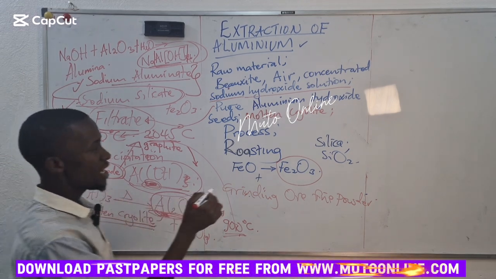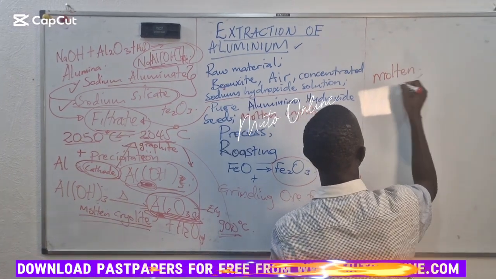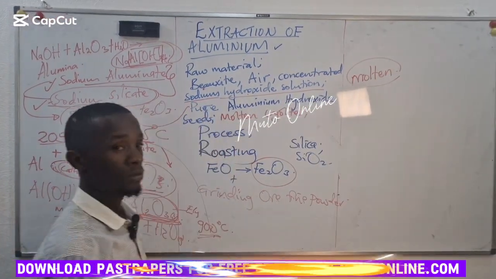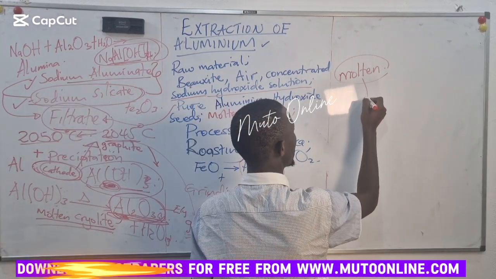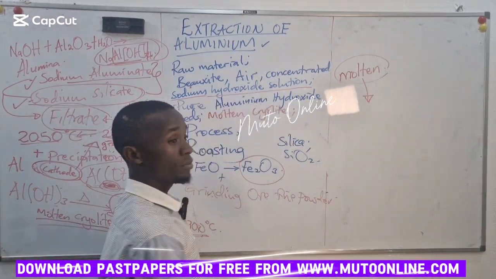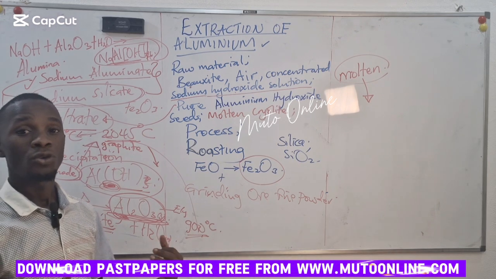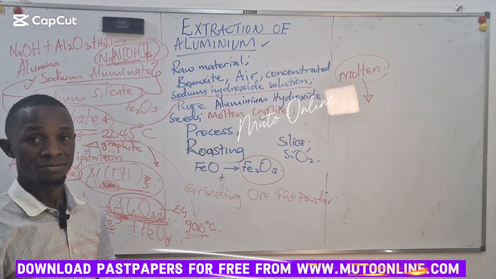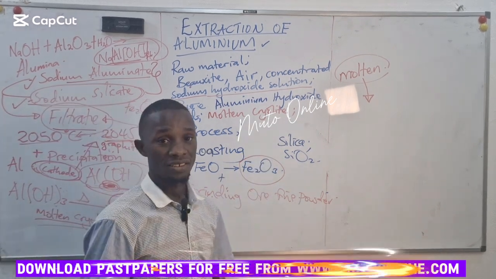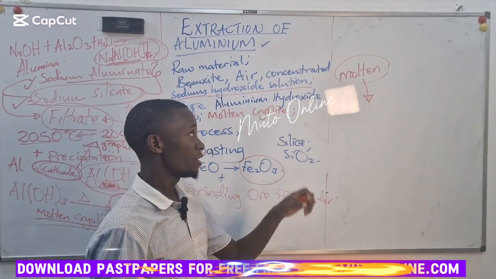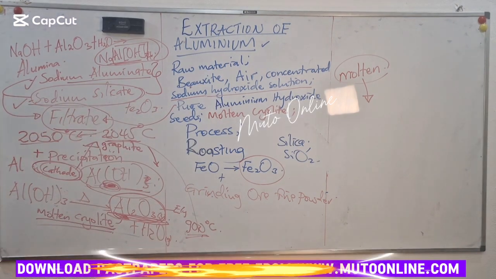The formed aluminium is in molten state. So the molten aluminium is then tapped off from the bottom and cooled using water or cold air so as to solidify.